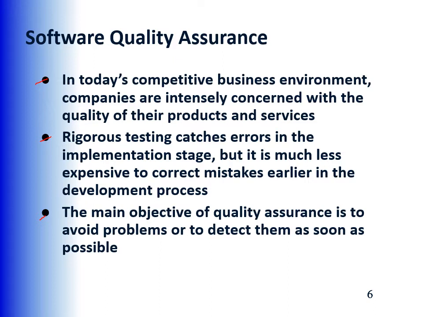Basically, poor quality can result from inaccurate requirements, design problems, coding errors, faulty documentation, or ineffective testing. So, in order to improve the finished product, system developers should consider software engineering and internationally recognized quality standards.